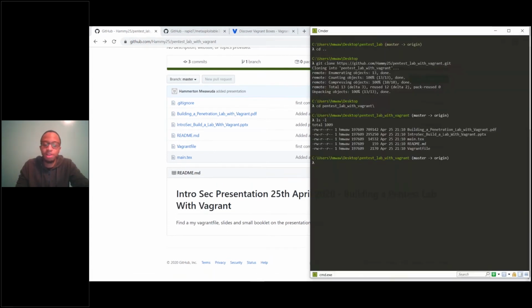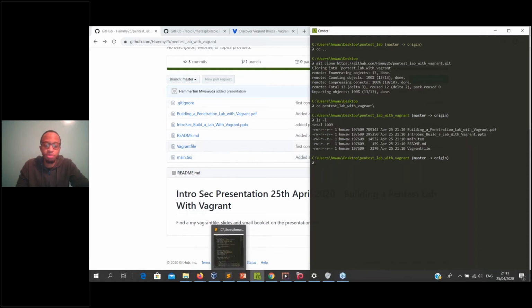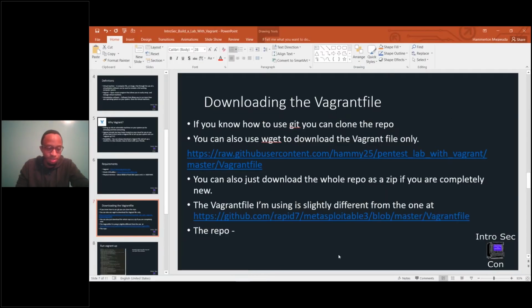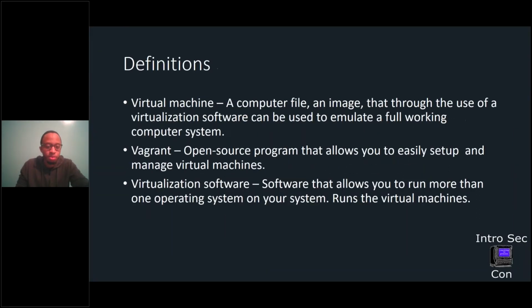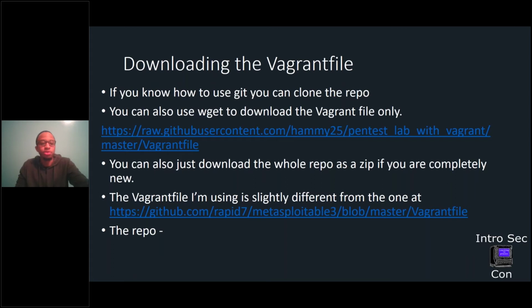The README is just this, the Vagrant file. So if we go back to my slides, that's my slide. You can also download it using wget. That's just a command line command for downloading stuff from the web.